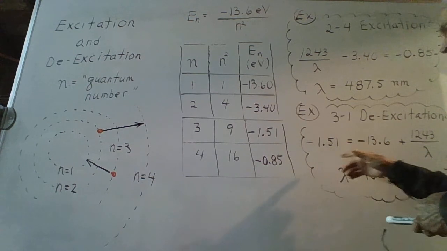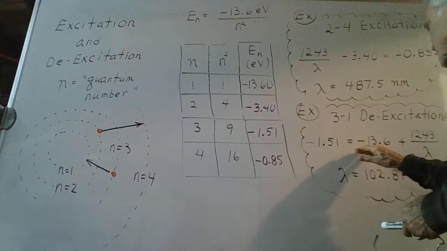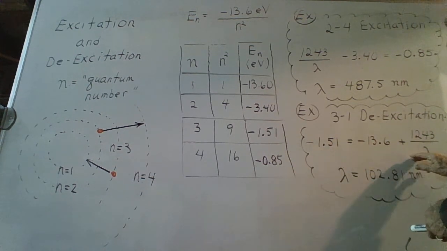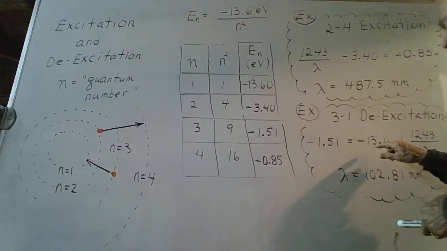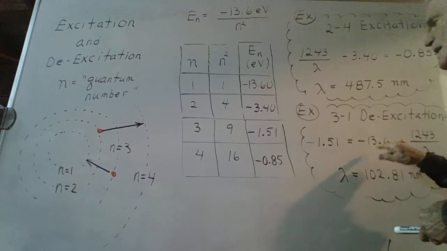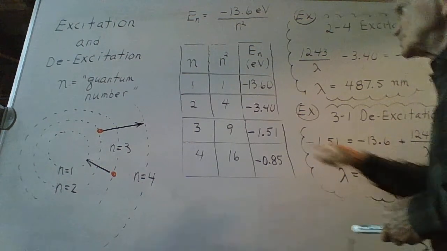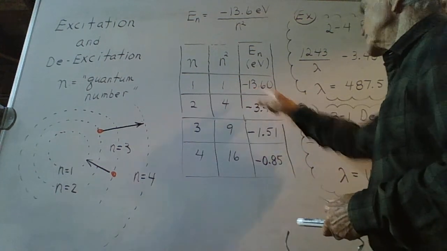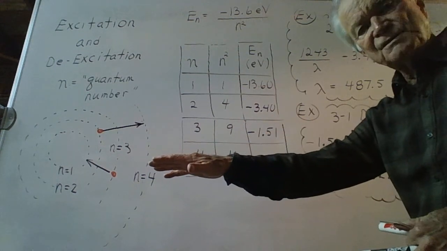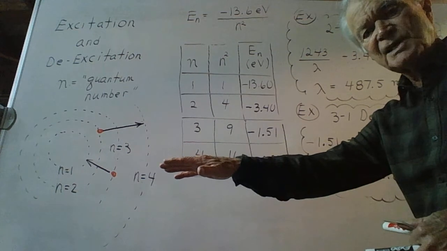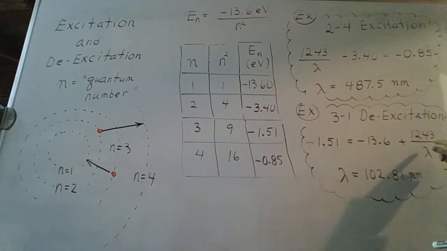So here again, this is the initial energy. Right-hand side of the equation is the later total energy, which is the sum of the two kinds of energies. The energy the electron has later, when it's in the first state, negative 13.6, plus the energy of that photon that is emitted from that de-excitation location. We represent the energy of that photon using the 1243 equation again, and we solve this equation for lambda.